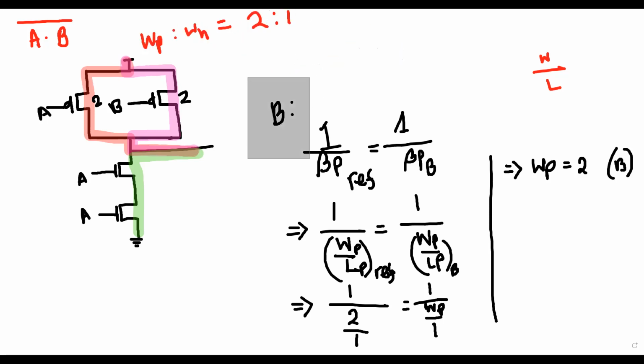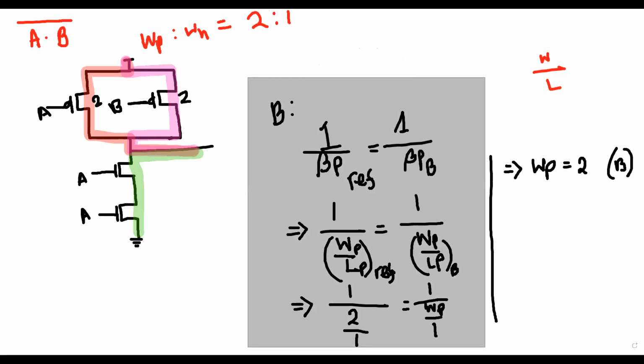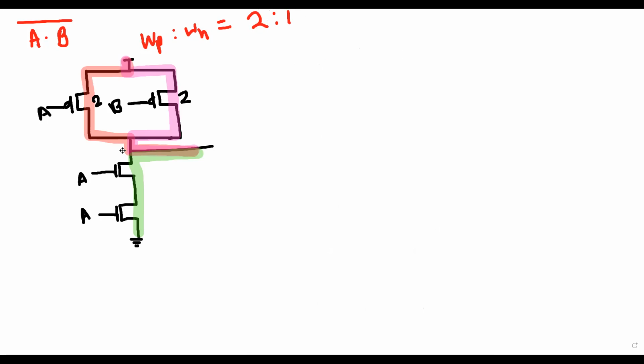Okay, let's see how many paths we have from the output to the ground. I made a mistake.